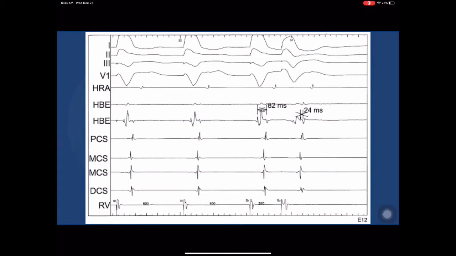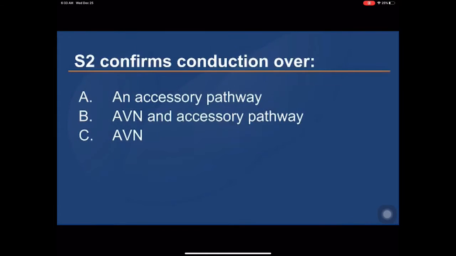It was 82 milliseconds here and 24 here. And that means this A cannot be coming from the AV node, because this His-A would have been about the same. So the septal A here must be coming over an accessory pathway. That's the only logical explanation. So the correct answer here is an accessory pathway.